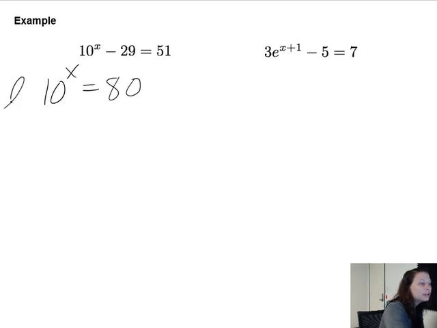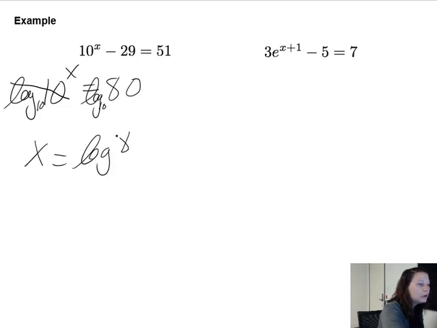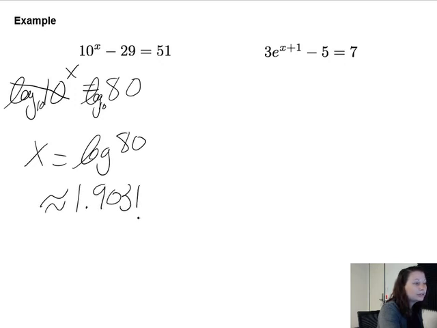If we take log base 10, or just log, because if you don't write the base, it's assumed base 10, these cancel, that's that third property. So x equals log of 80. If we plug that into a calculator, because there's no real way to know these always, this is approximately 1.9031.